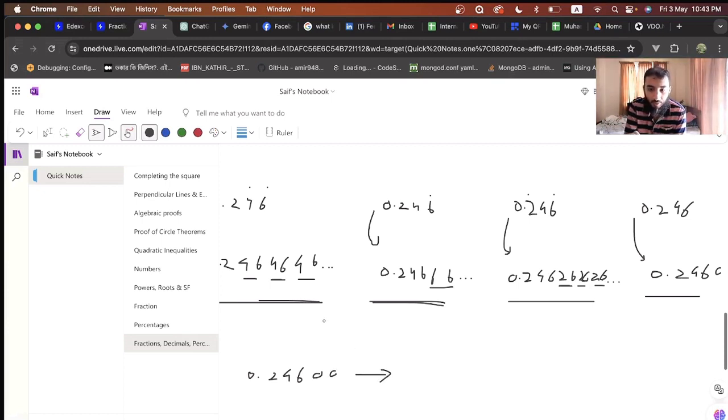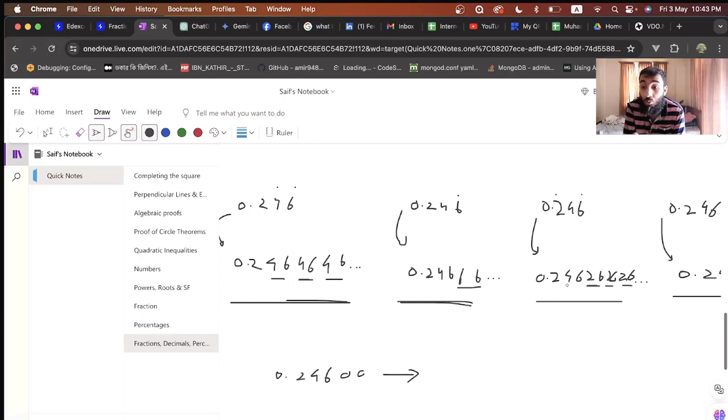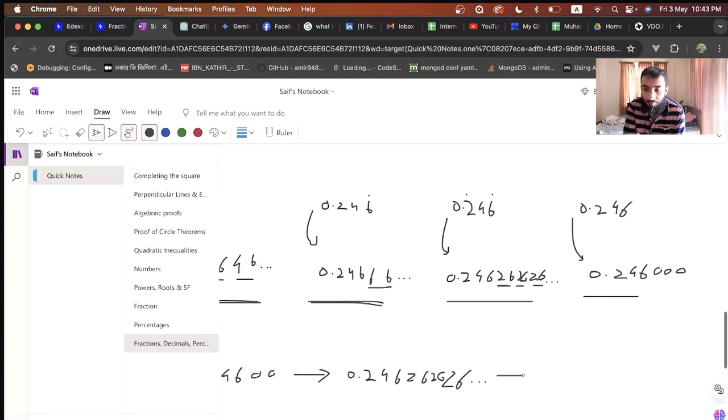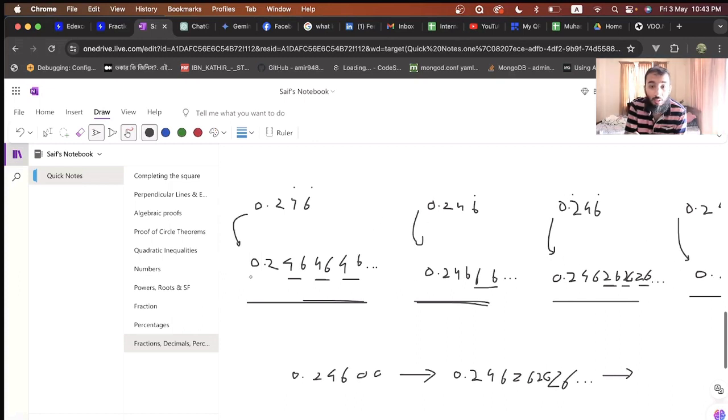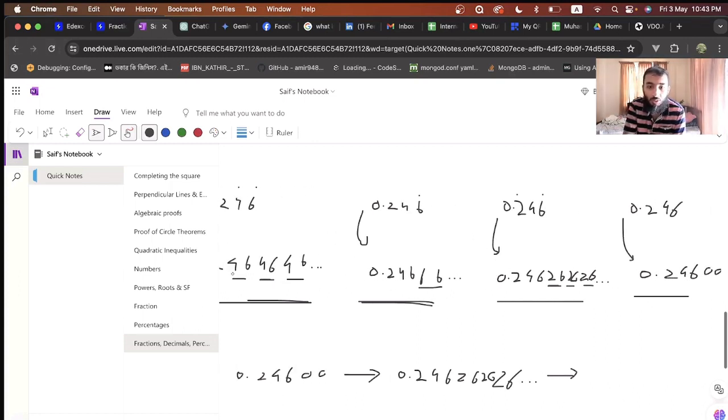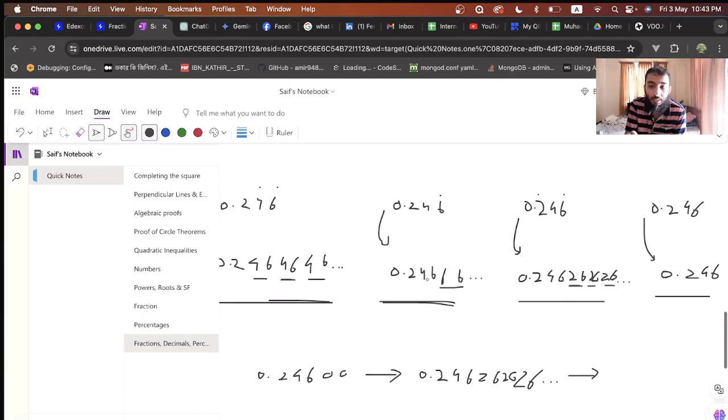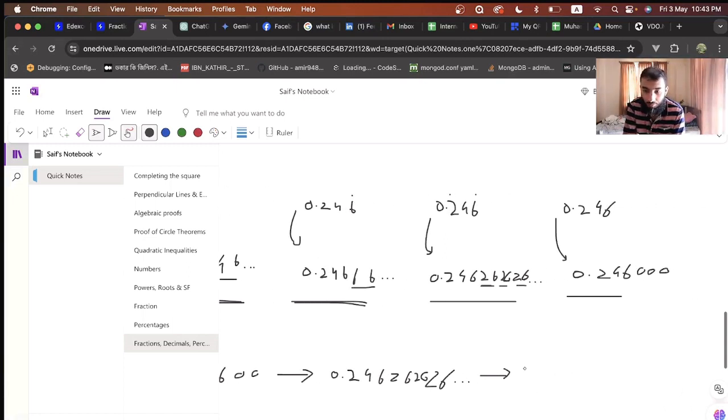Then it's 0.246262626, this number, with the 26 recurring pattern. Then there is 0.24646464, this one, because 46 is less than 66, so 46 is the third number.